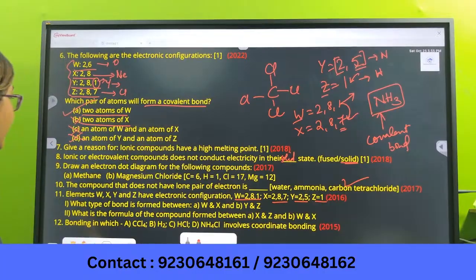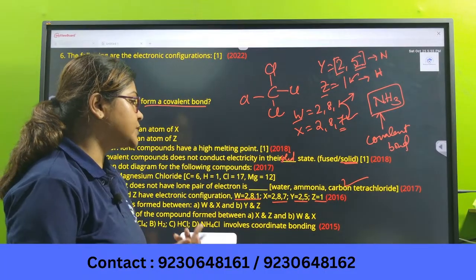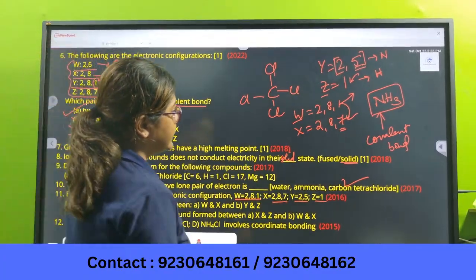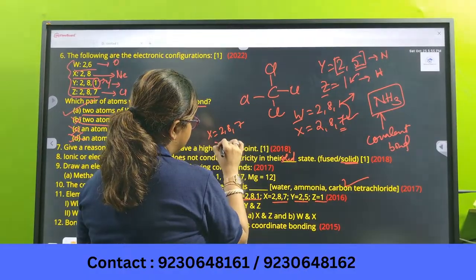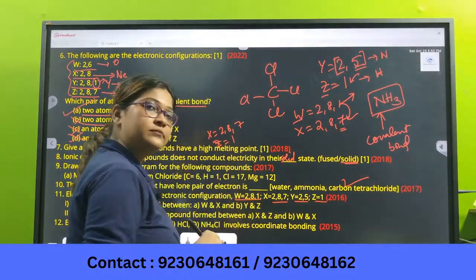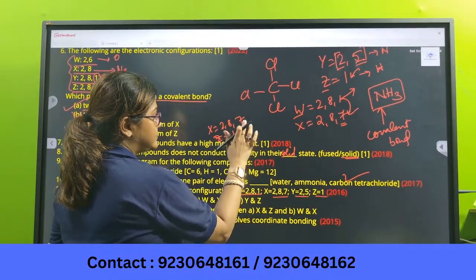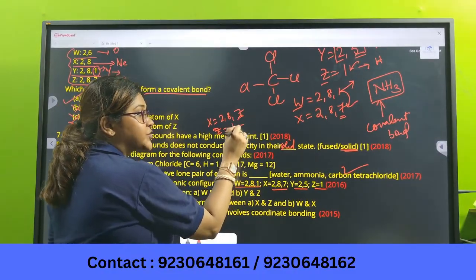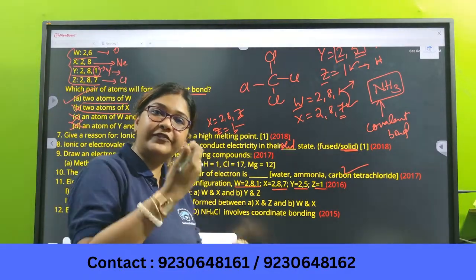Next, what is the formula of the compound formed between X and Z? X is 2, 8, 7, Z is 1. So this will just need one electron, this also needs one electron. Both of them need an electron.